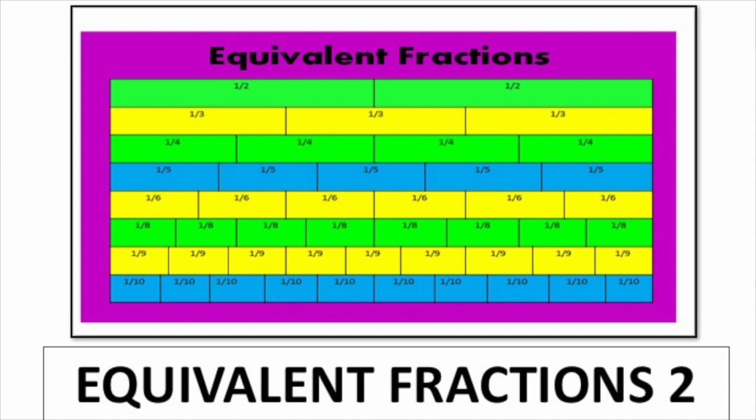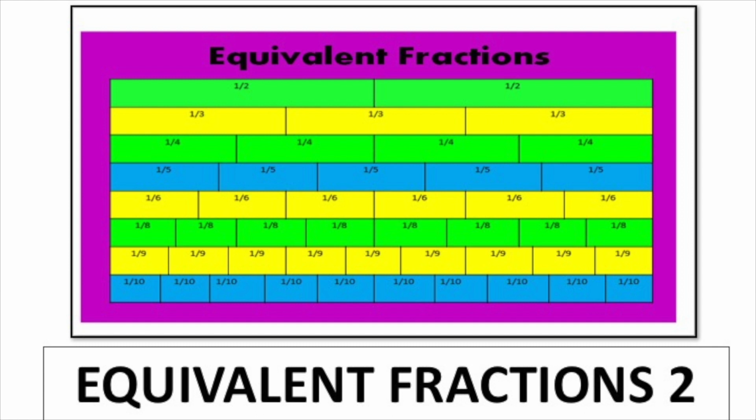So let's take a look at our PowerPoint presentation, Equivalent Fractions, Lesson 2. Yes, and as you can see here on the front cover, like last time, we've got all different amounts of fractions. For example, 1 over 2, how many do we have?